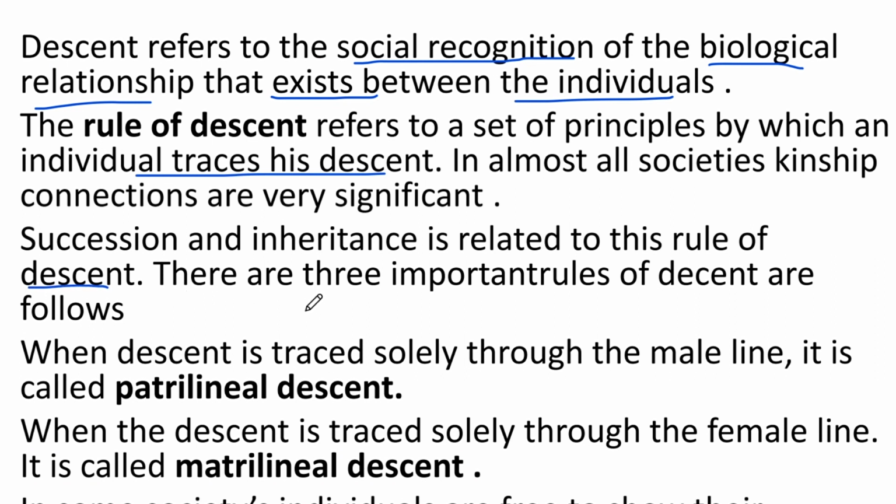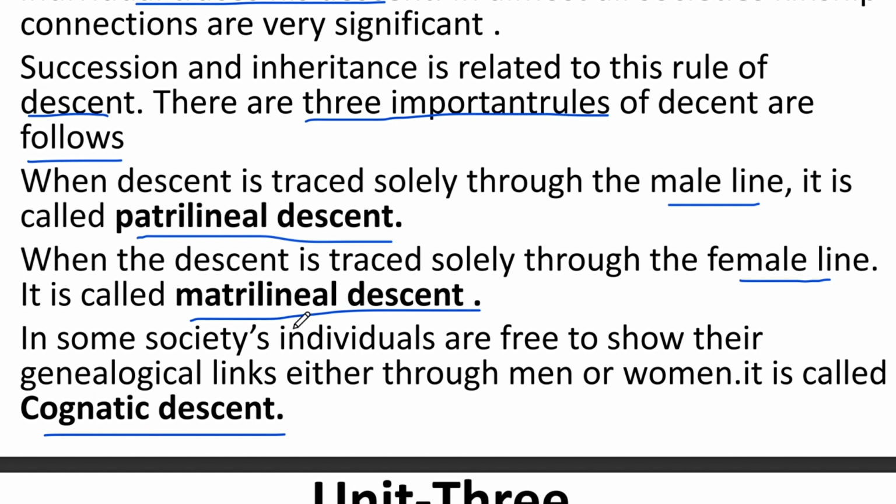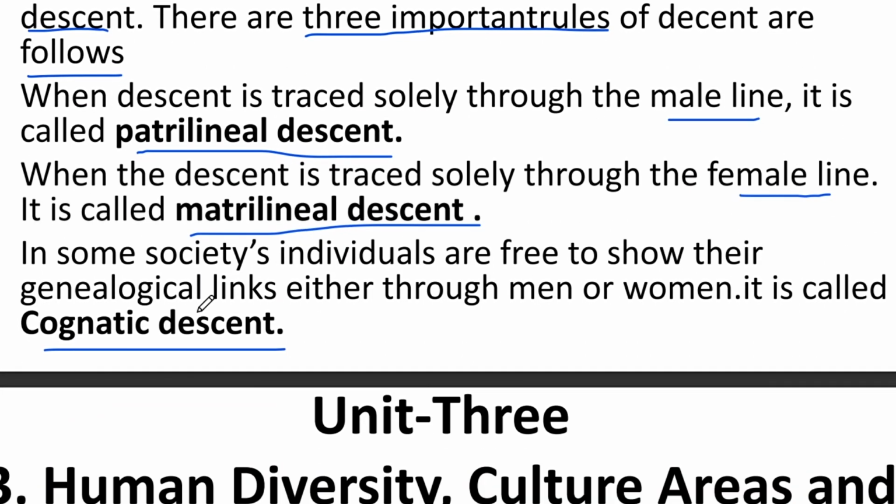There are three important rules of descent: patrilineal descent, matrilineal descent, and cognatic descent. Patrilineal descent is when descent is traced solely through the male line. When descent is traced solely through the female line, it is called matrilineal descent. In some societies, individuals are free to show their genealogical links through either male or female sides, and that is called cognatic descent.